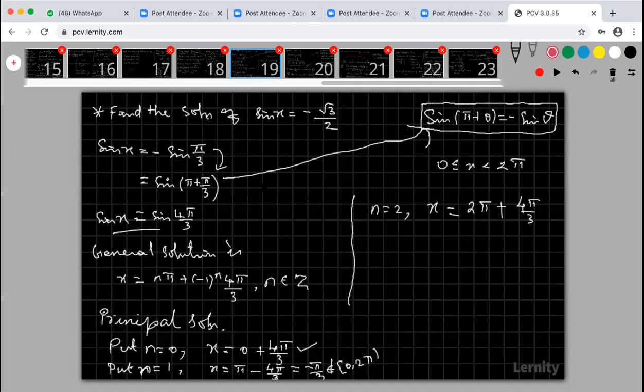What is that? You want this question, sine 2x plus sine 3x equal to sine 5x.